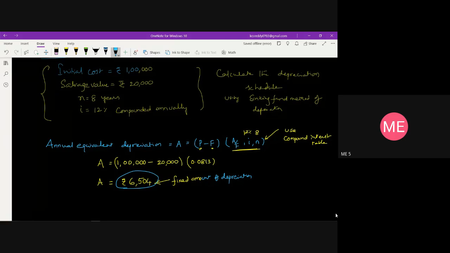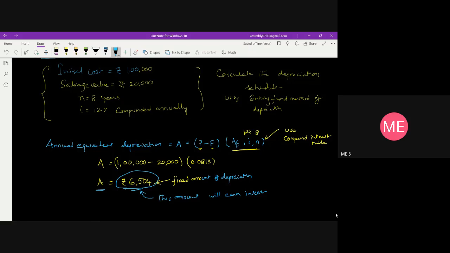The depreciated amount of 6504 will earn interest, this is for the first year. So at the end of the second year, what is the interest earned on this?